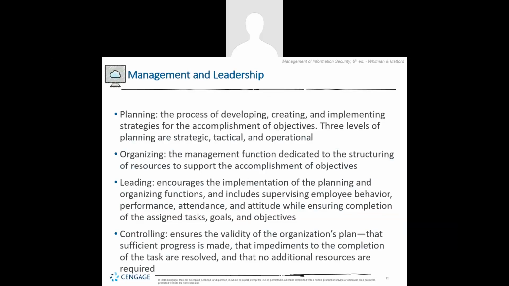Leading would be encouraging the implementation of the planning and organizational function. It's also supervising and monitoring the staff to make sure you have the completion of the assigned tasks, goals, or objectives. And controlling is monitoring the progress and addressing any obstacles.